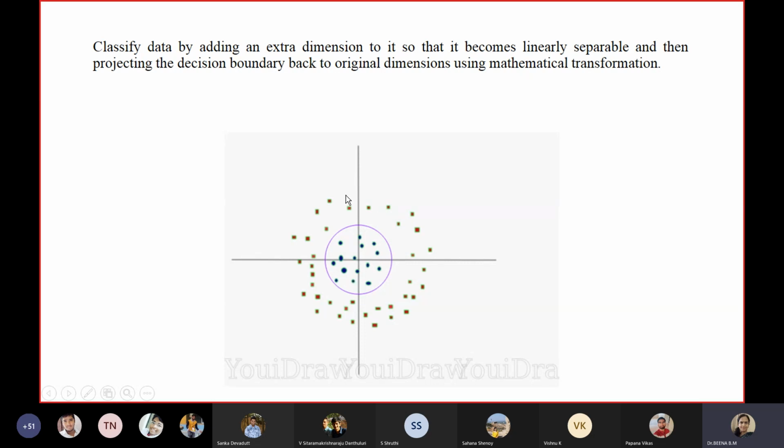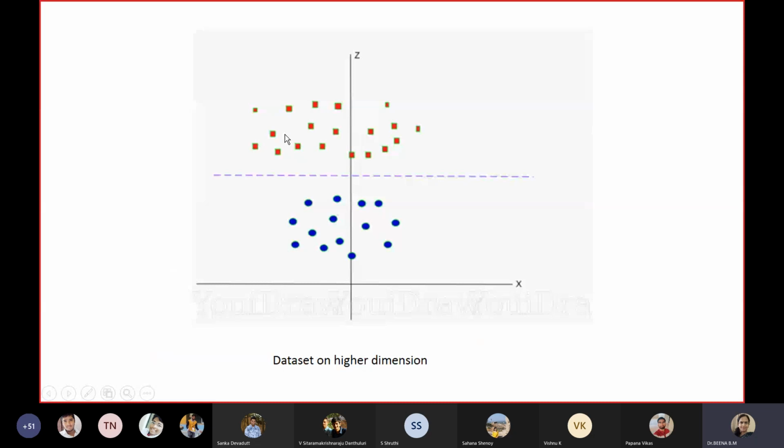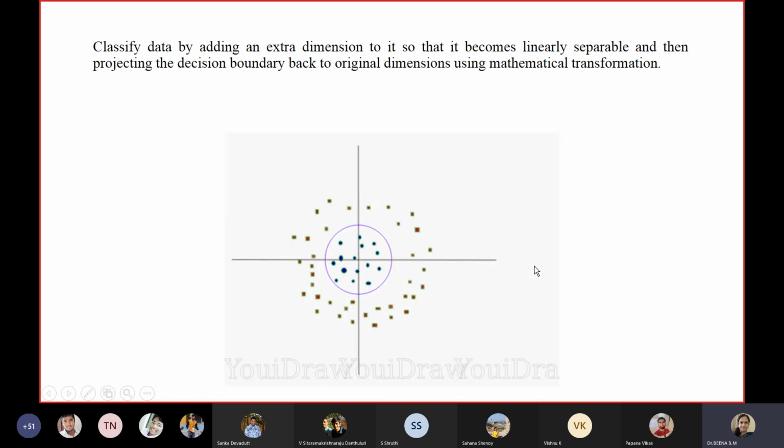This is one class and the outer one is the second class. So here, the top layer, Z dimension, is separating the data into class 1 and class 2. So by adding one more dimension to the graph, the data is linearly separable.